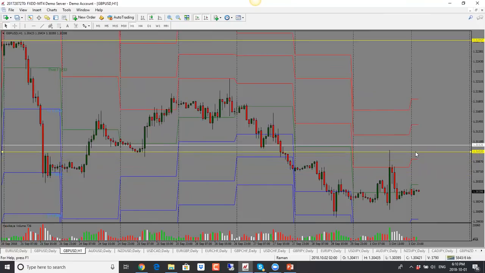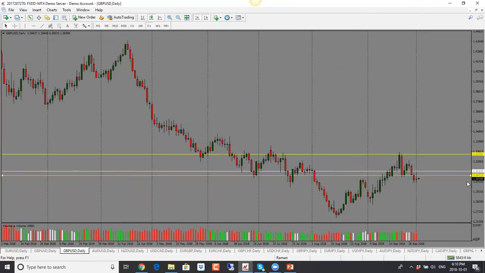It wasn't able to hold the support resistance level, or wasn't able to hold the move to the upside, and we saw this inefficiency get filled. So right now it looks bearish.